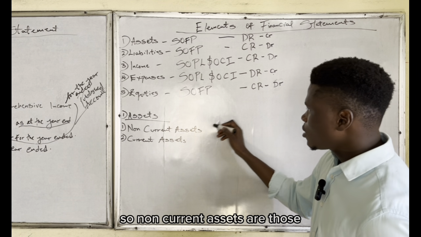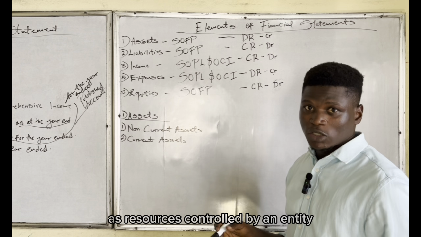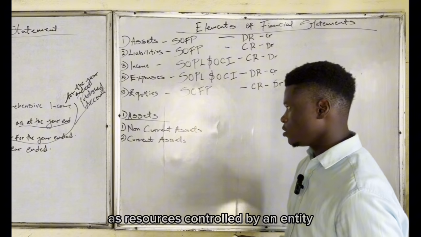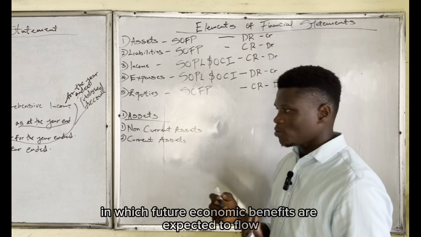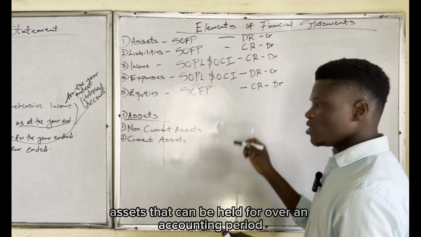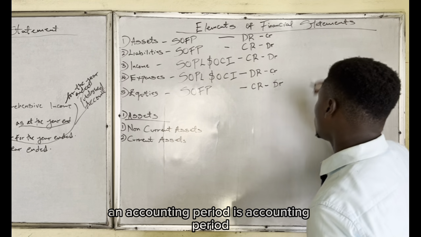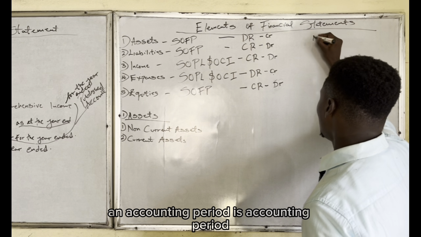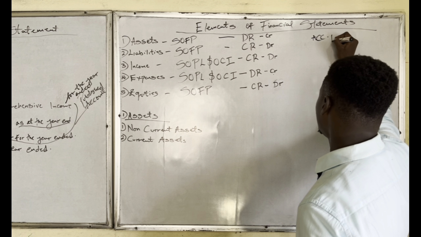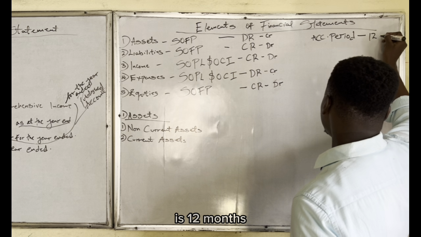Non-current assets are, like we've defined assets before, resources controlled by an entity from which future economic benefits are expected to flow to the entity. These are assets that can be held for over an accounting period. An accounting period is 12 months.